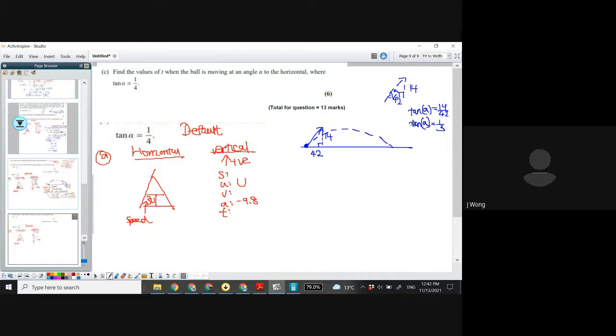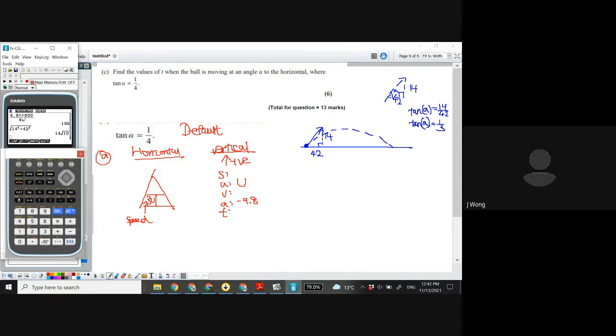Okay, and then we'll say that this is an angle A above the horizontal. Or if I just solve the answer first, let's make sure it's in degrees. So tan inverse of a third will give you 18.43.